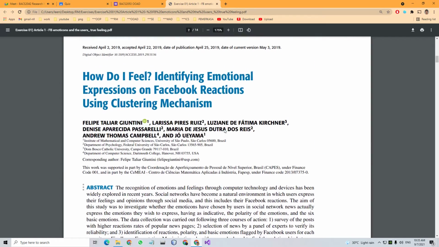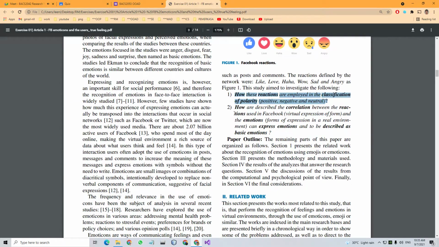Okay, that's good enough. What do you think about the article? For me, it's quite boring because it's too lengthy, and the English is too high, advanced. Yeah, very high. Okay, thank you.